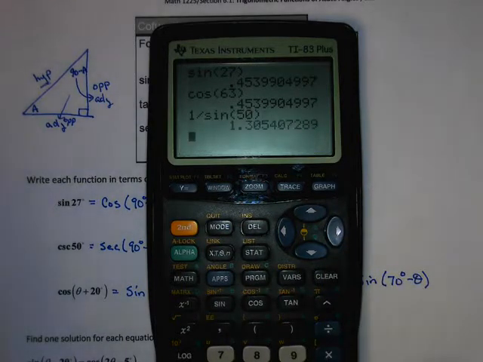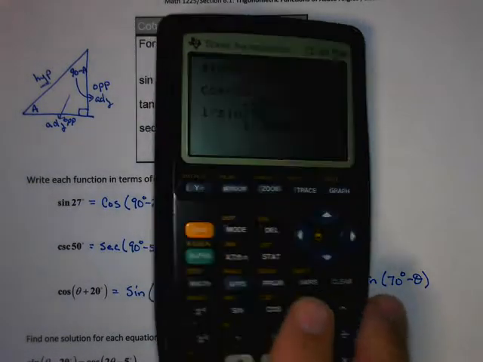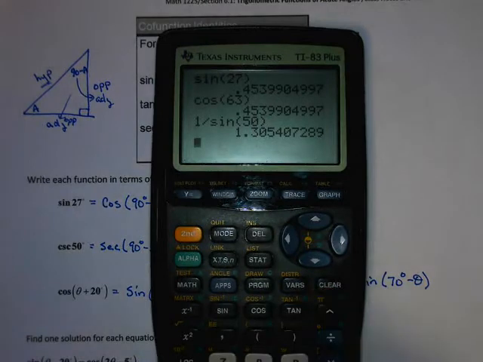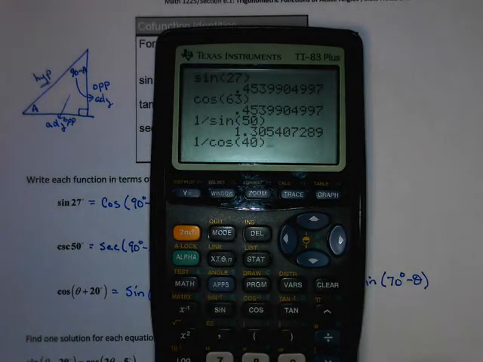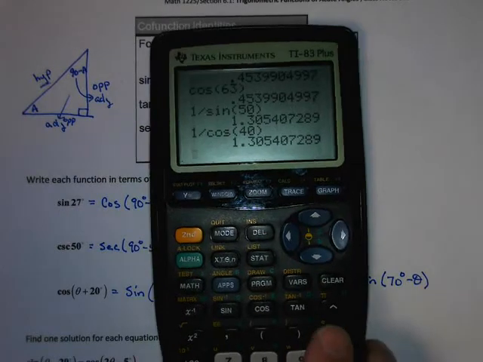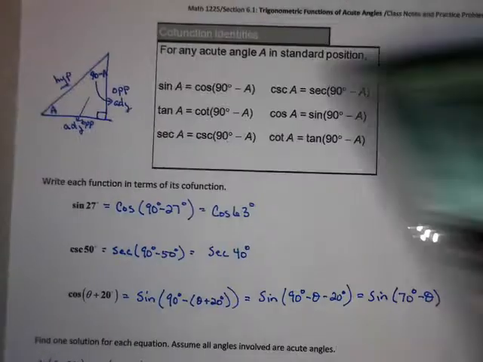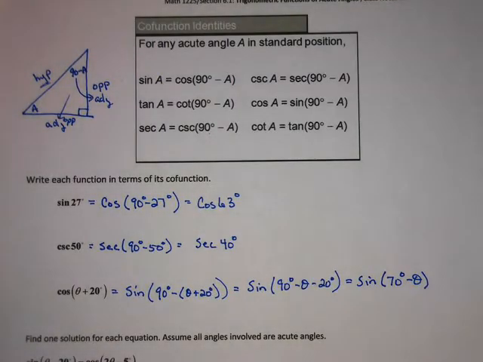And secant of 40 degrees is going to be 1 divided by cosine of 40 degrees, and notice that those values are the same. So these are your cofunction identities.